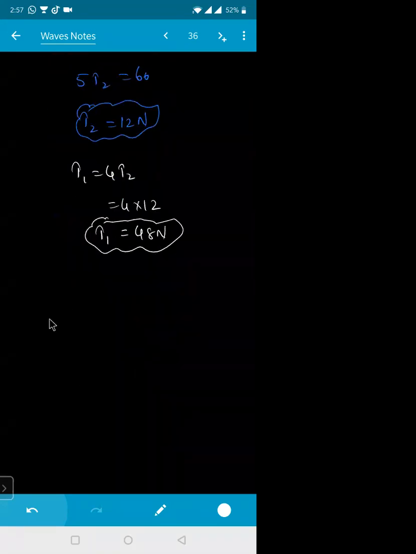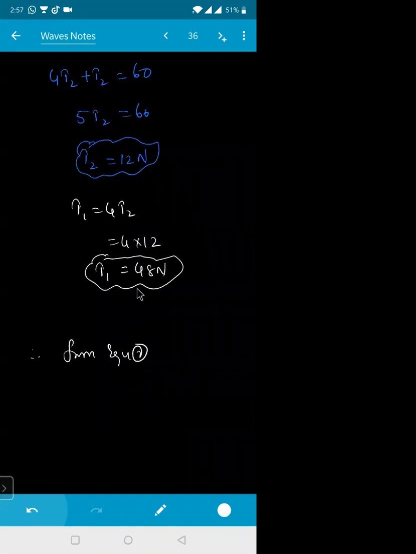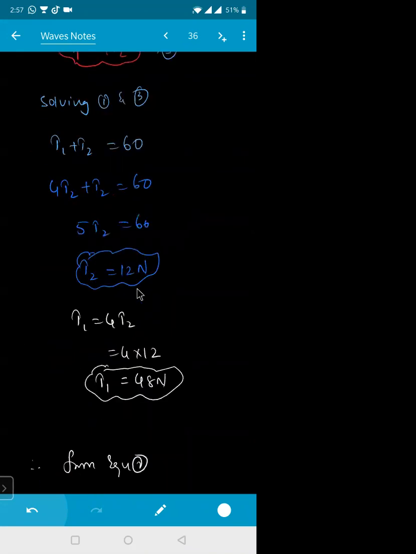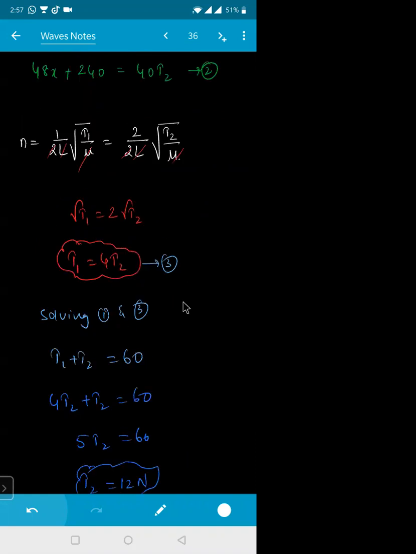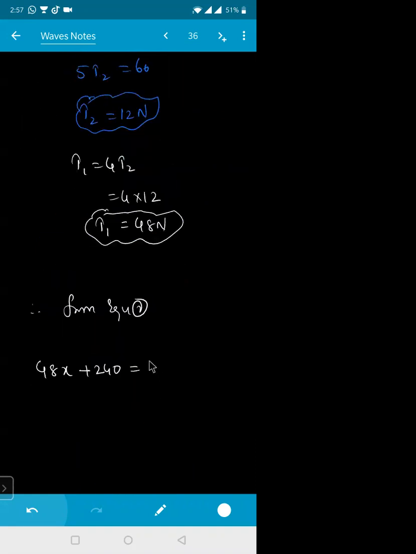So I can get the value of x where I need to keep the mass from equation 2. See, from equation number 2, 48 into x plus 240 is equal to how much for me, beta? 40 into T2. T2 is how much for me? We got 12. So 40 into 12 is how much, beta? 480.